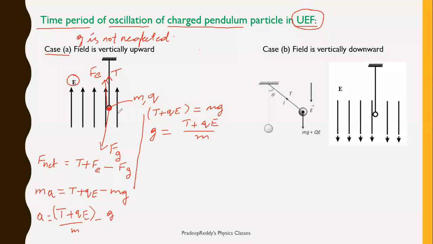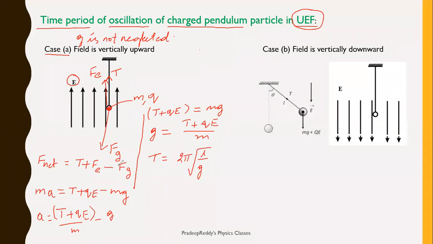Now, as we know, time period of the pendulum T is equal to 2 pi under root L divided by g, where g is acceleration due to gravity. That should be replaced with T plus QE divided by m. This is the equation for time period, right? So this is the way you can use free body diagram.